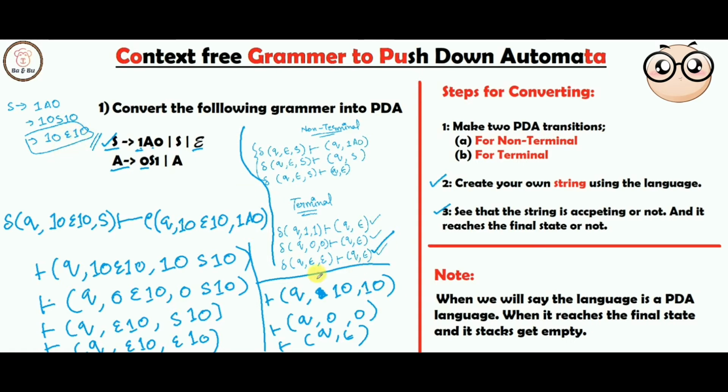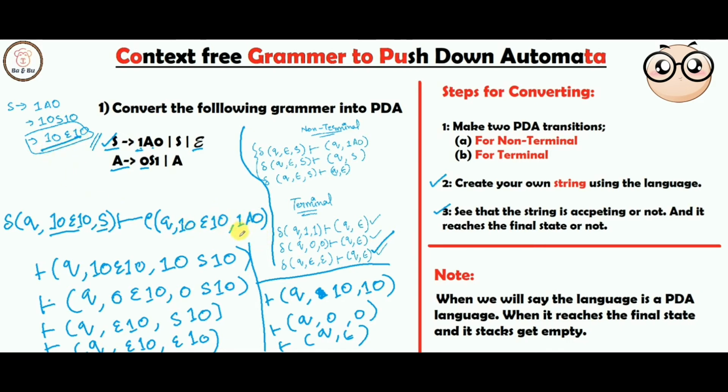So here I did the transition like in the first transition it says that delta for q, which is your state, and this is the stack value, and this is the upper stack value. It gives you q 1 0 epsilon 1 0, which is your string which you had made earlier.